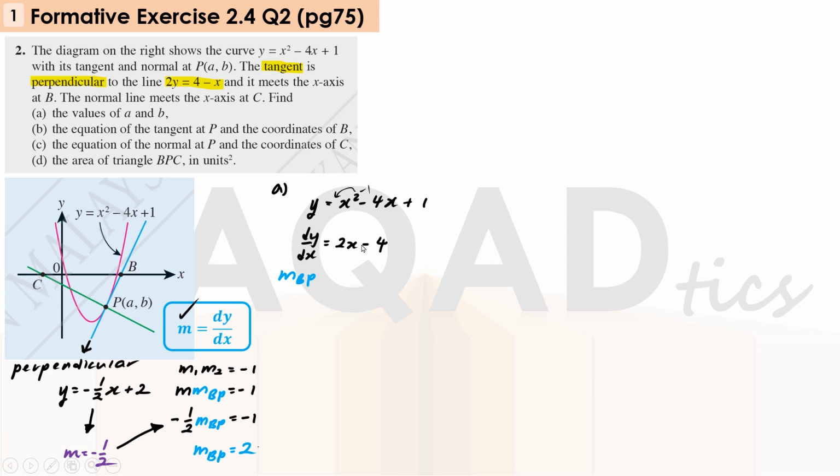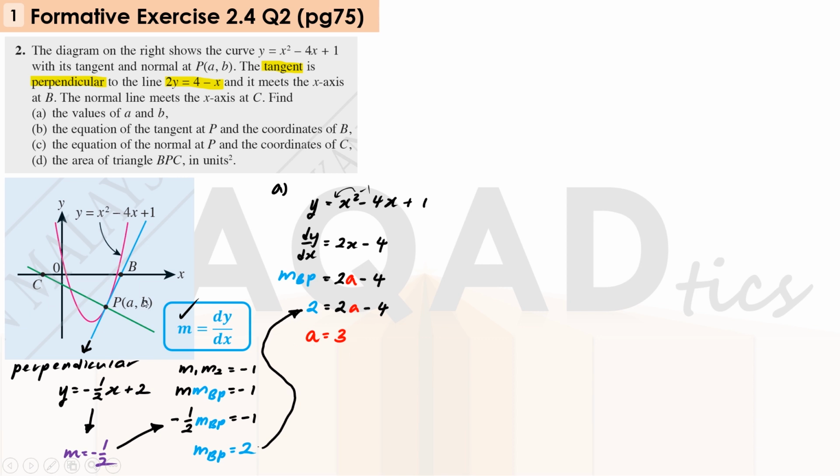For this x, technically I can substitute any x value, so let's substitute the x coordinate a. The reason is that I can then straight away find my value of a. Rearranging a bit, I get my value of a, which is 3.